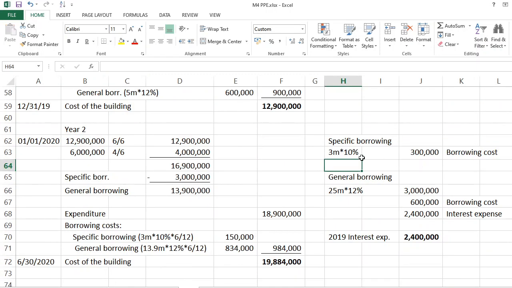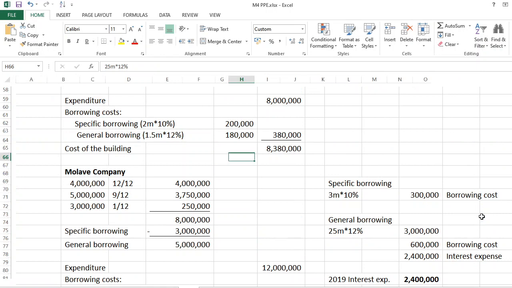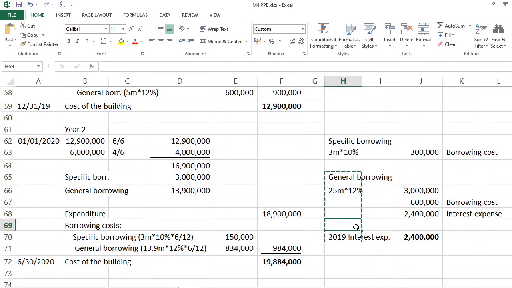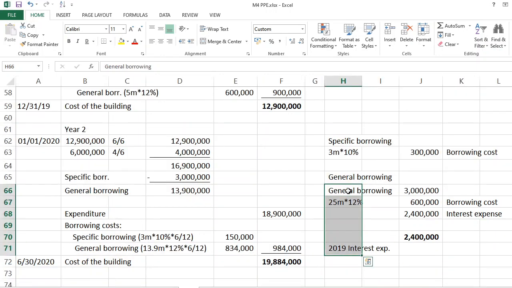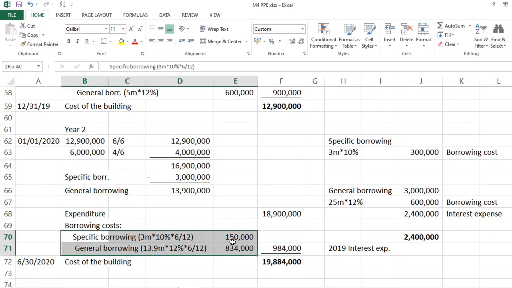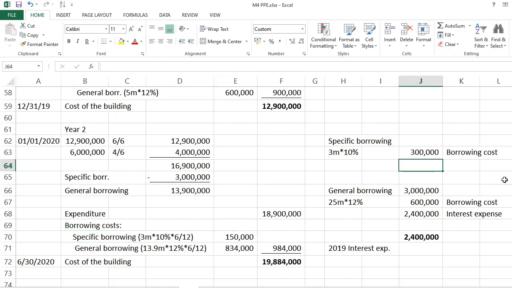Of the specific borrowing na 300,000, magkano ang napunta sa cost ng building? Is it still 300,000? I believe it's not. Nga naman, we only have 150,000 for the specific borrowing in year 2. Ayan, 150 lang. Therefore, kung ang 150 borrowing cost, ang the other 150 will automatically be part of the interest expense.